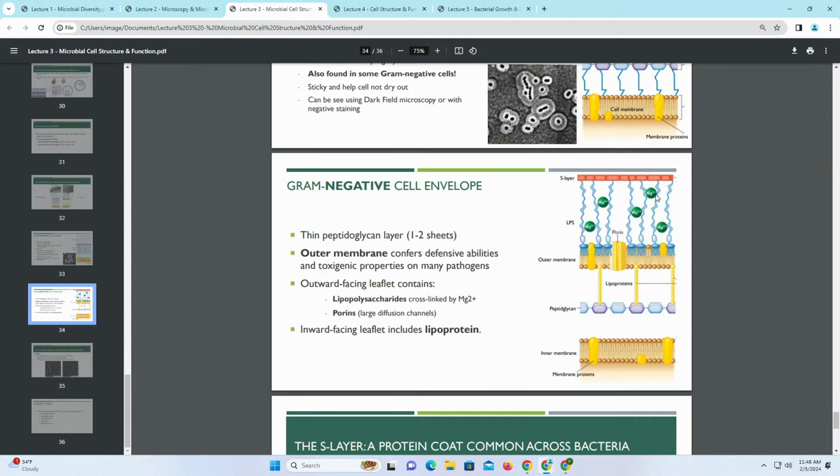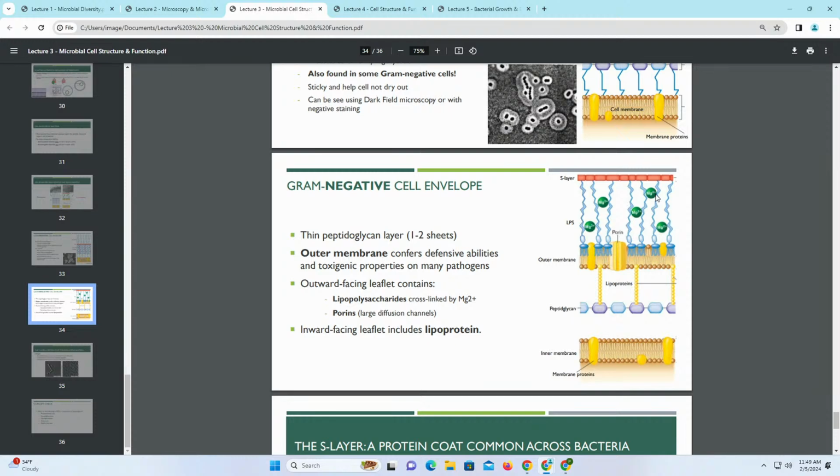And so there's this outward facing leaflet over here, the leaflet on the outside of the membranes, and this contains lipopolysaccharides, or LPS. Don't worry about it being cross-linked by magnesium ions, but that's how they're cross-linked.